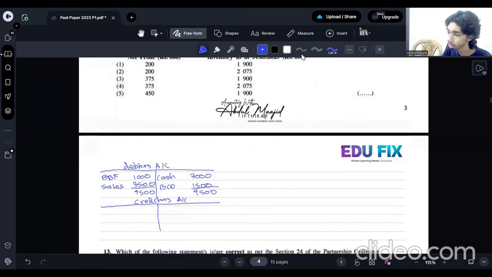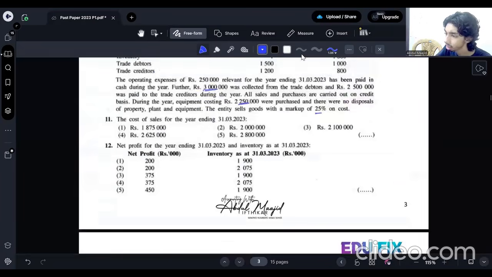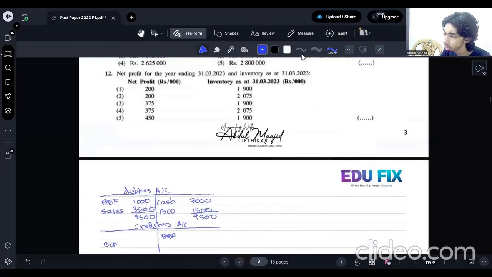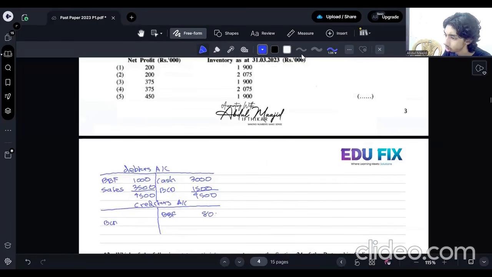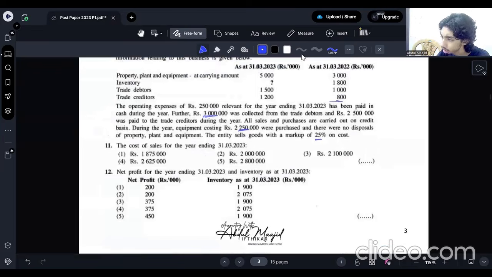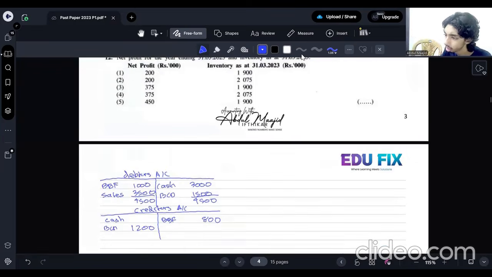Then you can find your purchases through creditors account. Creditors BBF and BCD is given as 800 and 1,200. Then the cash paid to the creditor is given as 2,500, and you can balance this off and find the purchases value.